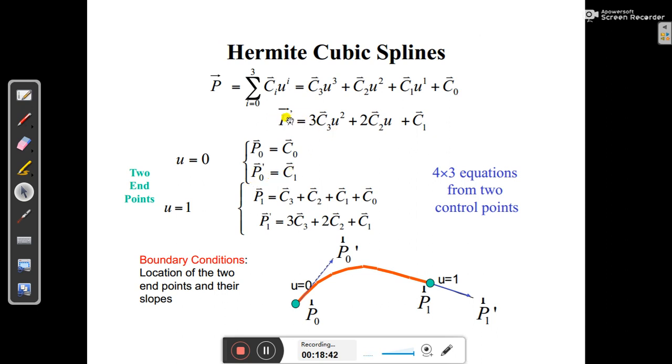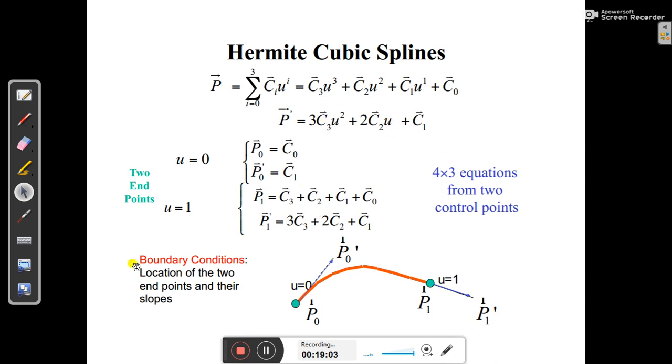So this is P dash. P dash equal to 3 C3 u2, 2 C2 u, or C1. In that case also it will be only C1, because these will be 0. If mu equal to 1, if you put 1 in this equation and in this equation, you will find these equations.